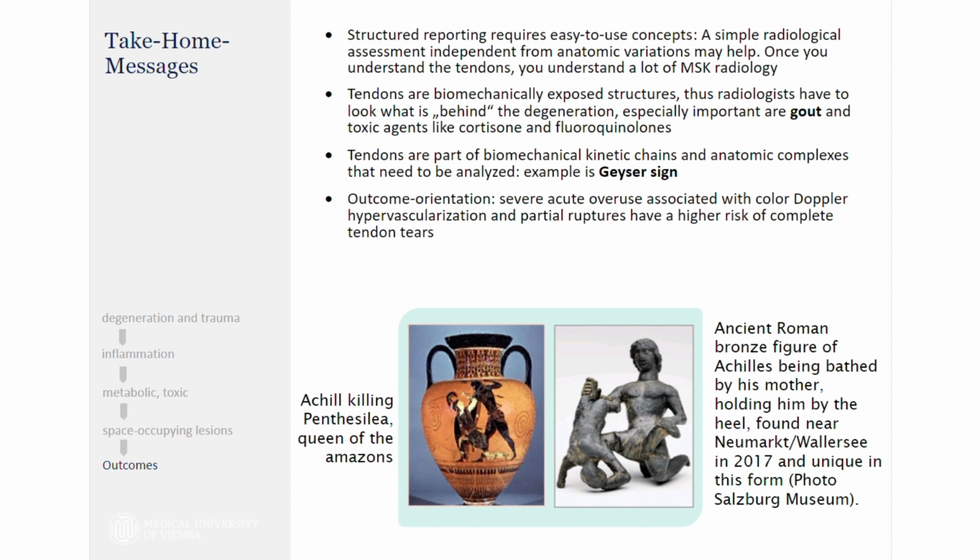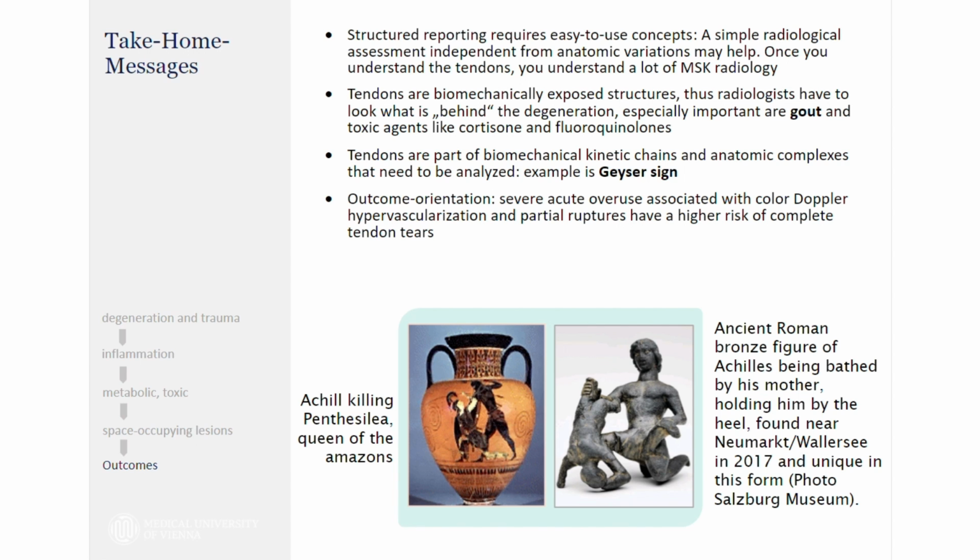Because tendons are part of biomechanical kinetic chains and anatomic complexes that need to be analyzed. A typical example is the geyser sign, which shows you that behind a little palpable lump on the top of the shoulder, there is in fact an underlying rupture of the rotator cuff.